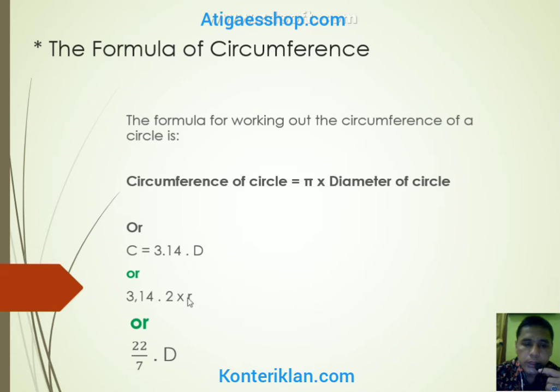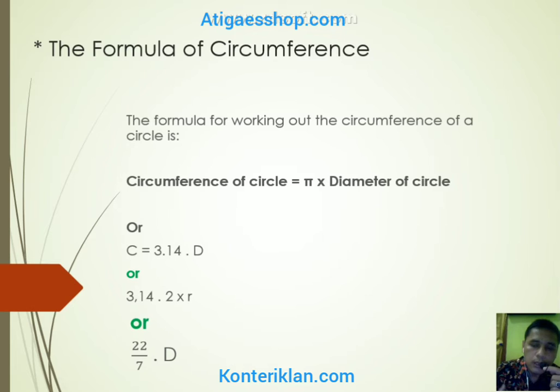Why radius here? Because diameter is 2 times radius. I'm going to show you about the radius next. Or you can change pi into 22/7. As I said before, you can choose which one makes you comfortable, 3.14 or 22/7.